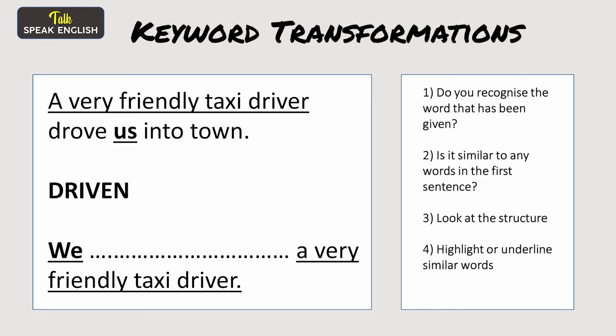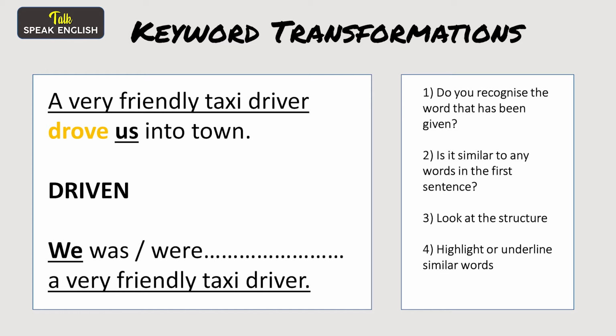So this one's already been done for us with us and we. So step 1, done. Step 2, put the verb be in agreement with the new subject and in the appropriate tense. So in the first sentence, we have the past simple form of the verb. So we know in the second sentence, it has to be in the past simple as well.